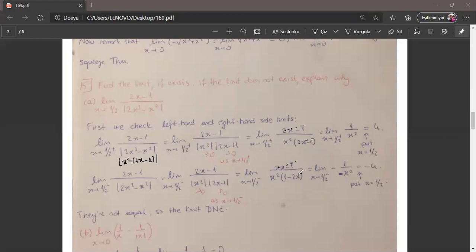So we simplify these ones and get -1. Here we have minus 1 over x squared. Now we put x equals to 1 over 2 again and get this, minus 4. Here we had 4, now we have minus 4, they are not equal, so the limit does not exist.